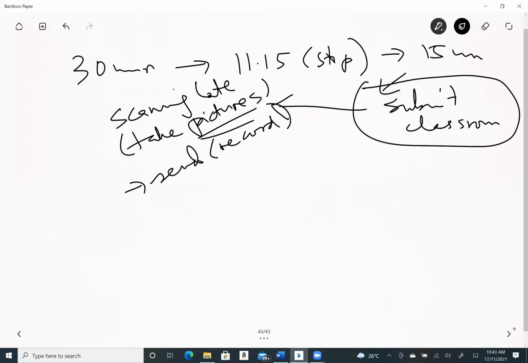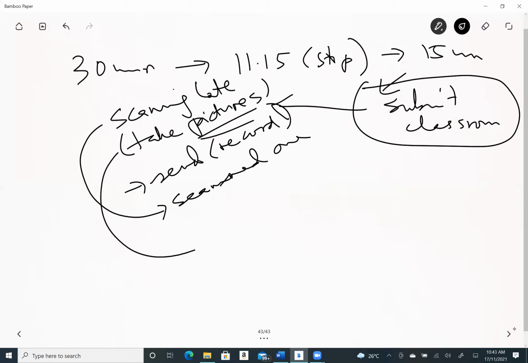After that, you can send the scan, the proper one. The scan one you can send later. But if the pictures you took are already nice, no need to send the scan. So you enter the pictures to the classroom. Put in one file, so that it is easy for me.